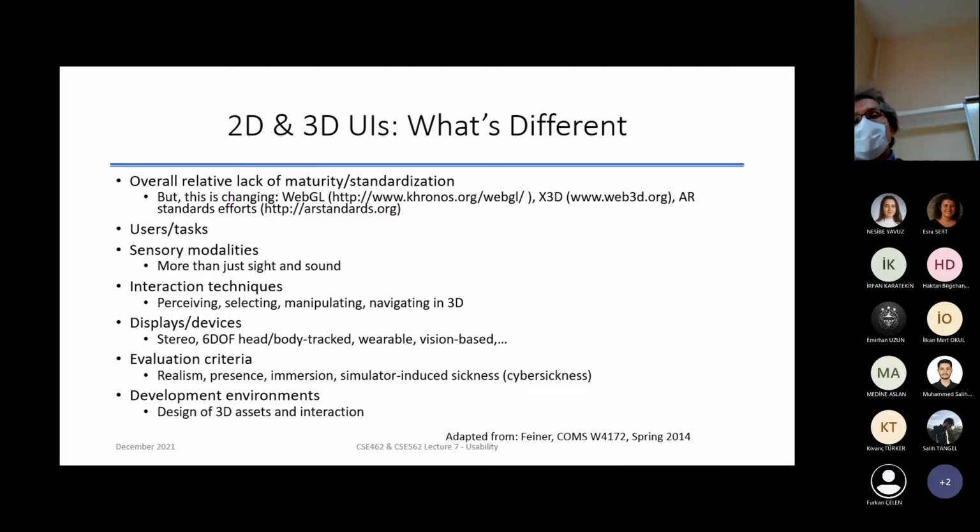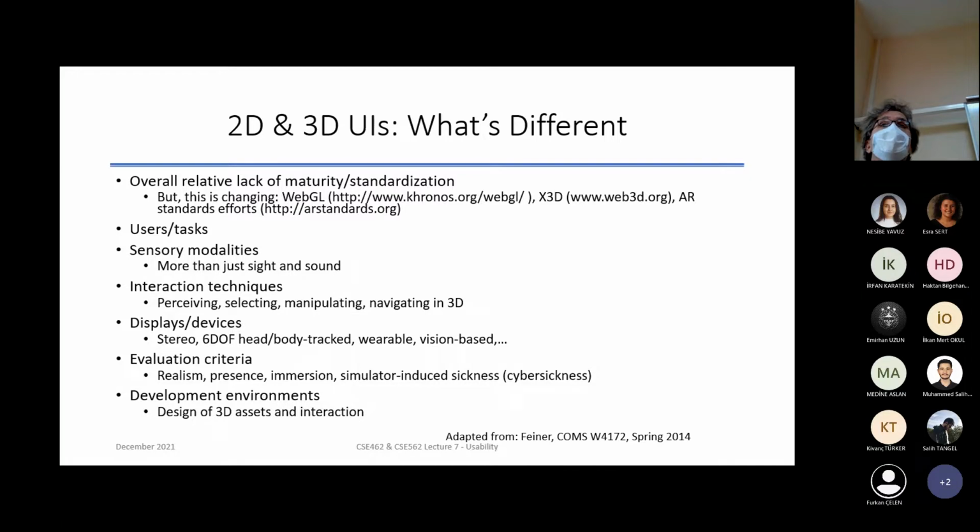From the perspective of research, but also the enabling technologies. I think I put these slides together in fall 2014.